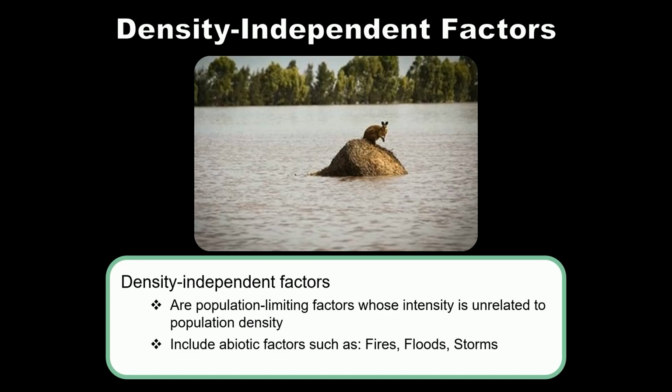So natural disasters are really good density-independent limiting factors. The main difference between a density-independent factor and a density-dependent limiting factor is that a density-dependent factor is something that organisms are typically competing over or gets stronger as the number of individuals increases in that population.